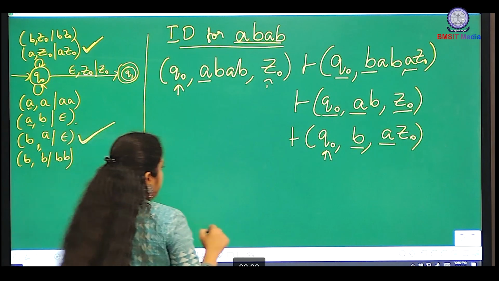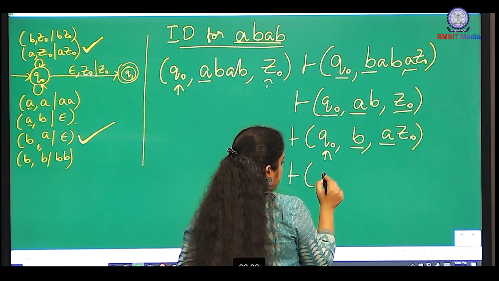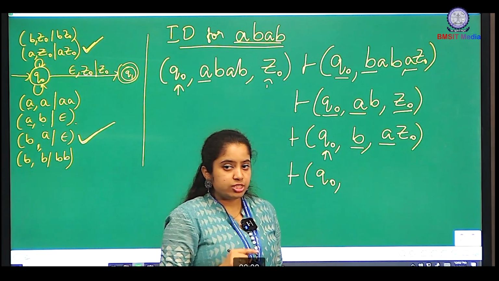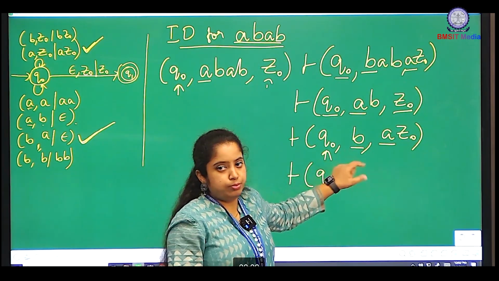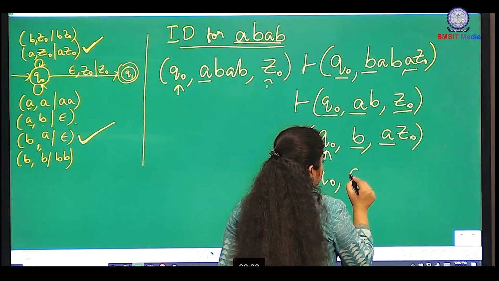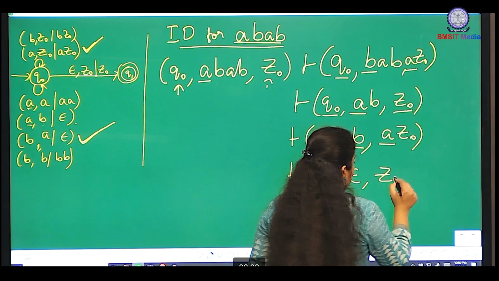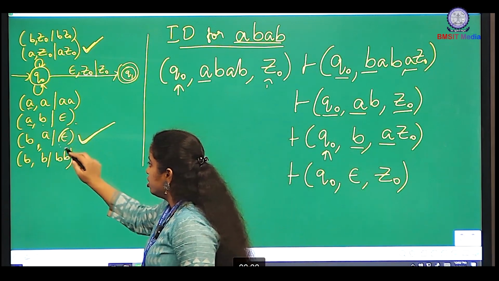Again you perform this operation. You stay in the same state Q0. You have reached the end of the string, so the remaining string is epsilon, and you are popping that A according to this particular transition.